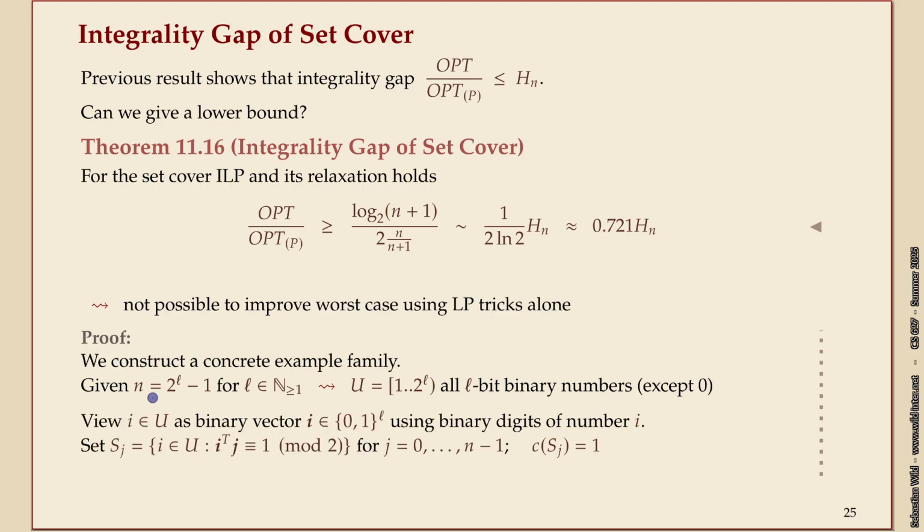We'll treat these numbers, and I'll write the boldface I if I mean the vector, as a vector which just consists of the binary digits. So if I have the number, say 9, I can write this as 1, 0, 0, 1. That's actually not a nice example because it's symmetric.